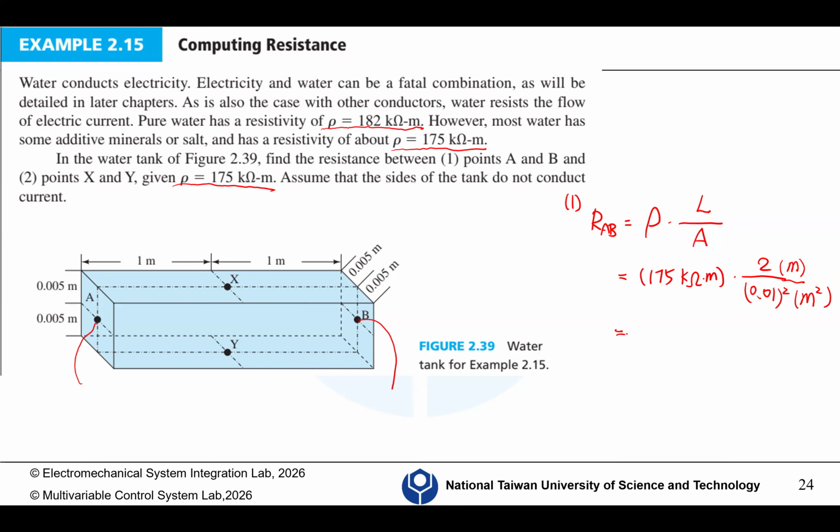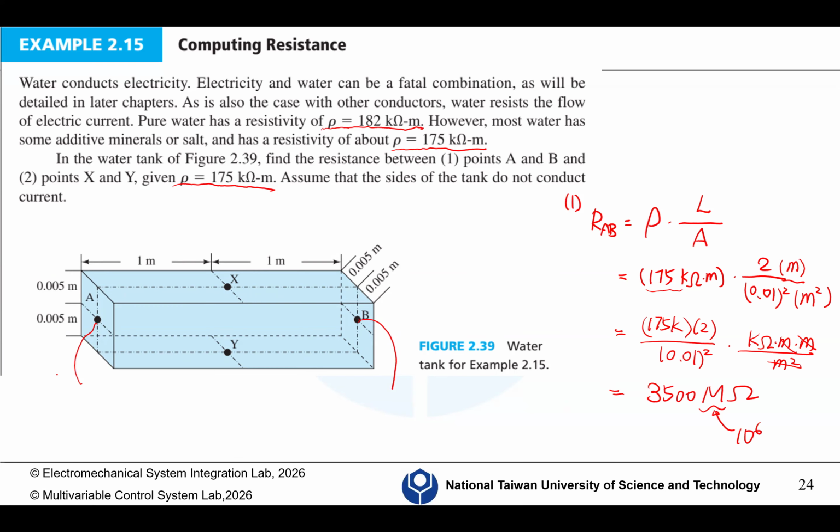So we calculate 175k times 2 divided by 0.01 squared, and the unit is k ohm times meter divided by m squared. We can cancel this, and the answer should be 3,500 mega ohm. Mega is 10 to the power of 6.